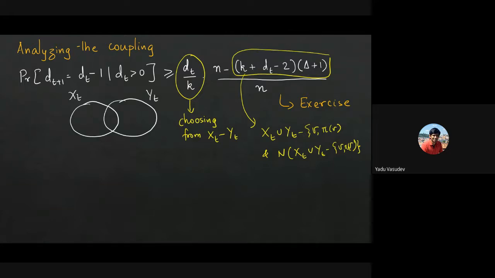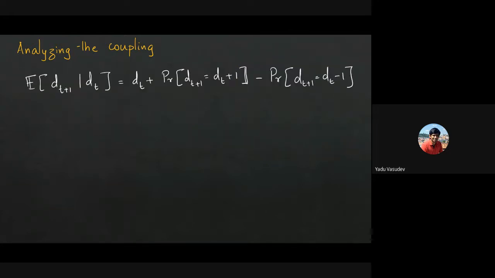Any questions regarding this? Any clarifications required? Okay, so then what you can do is, now we just try to estimate the expected size of Dt plus 1 given Dt. So what is the expected value of Dt plus 1 given that in the previous step you had Dt differences, right? Notice that you know that Dt plus 1 minus Dt is at most 1, right?